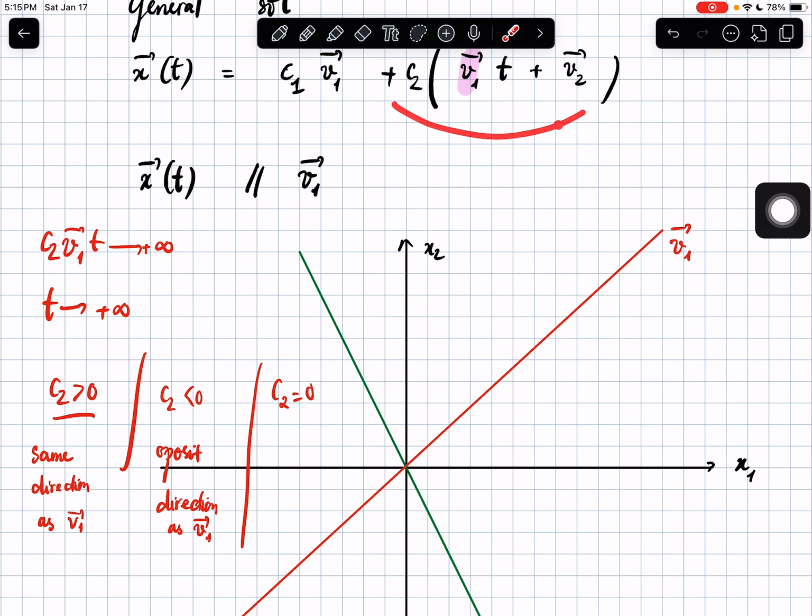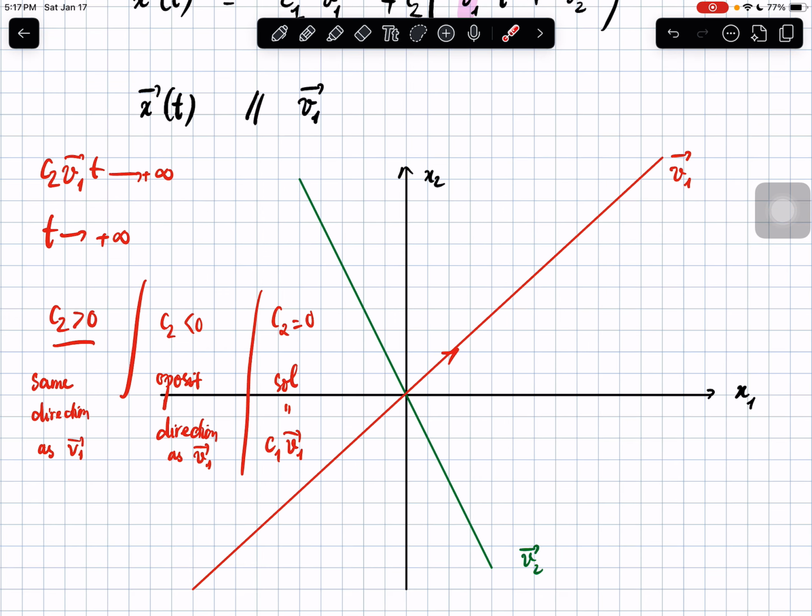Then the whole term disappears, and it's only x(t) equals c1 V1. So it's just a point on this line, maybe this point.